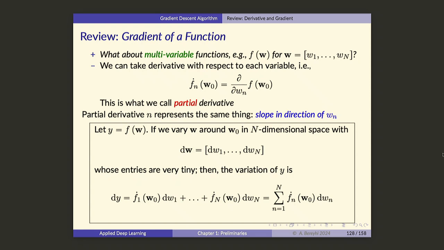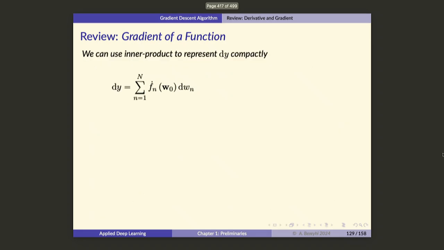Everybody's clear? Cool. So I can write it down in this form, and can you show it in form of a vector product? Is it a vector product? Yeah, it's an inner product, exactly. So what are the elements in the first vector, for example, the row vector? The partial derivatives. What are the elements in the second vector?